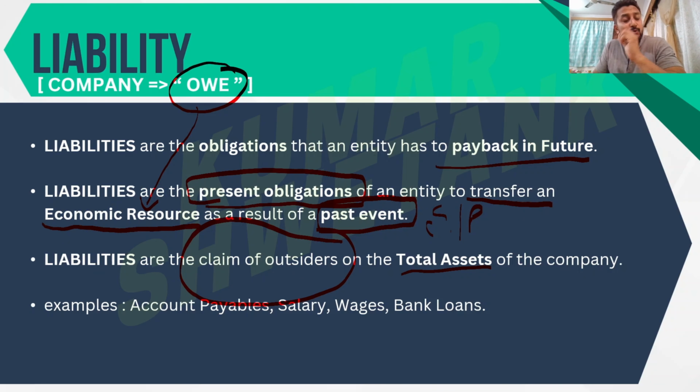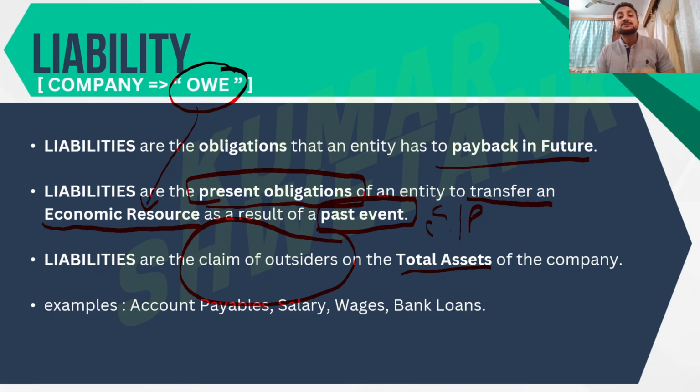Suppose I have a certain amount of money, say 1 lakh rupees. That is my asset, because I have cash which has a certain value. I have a driver. He gave me service for the last one month, and for that service I have to pay him 15,000 rupees.